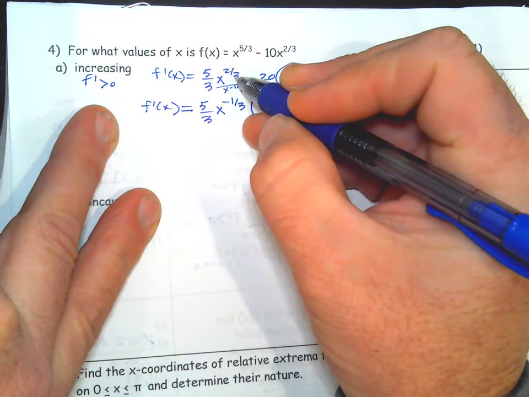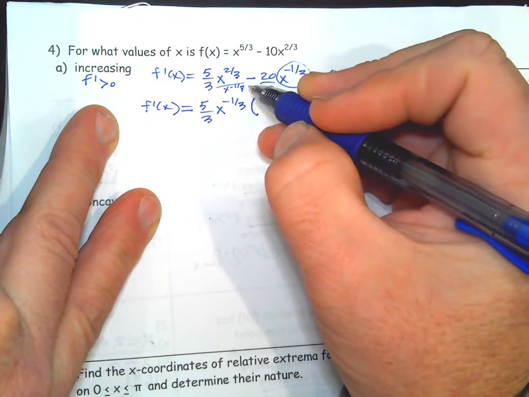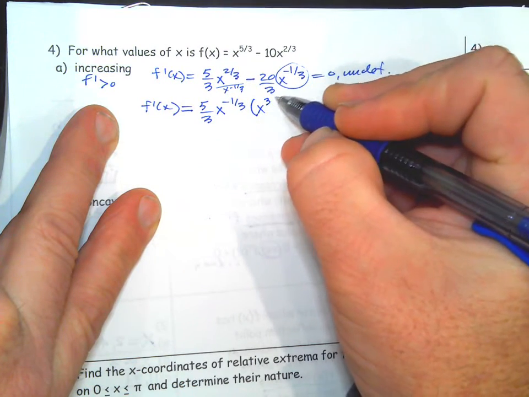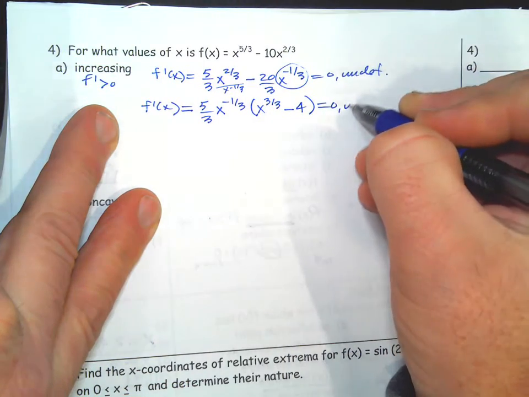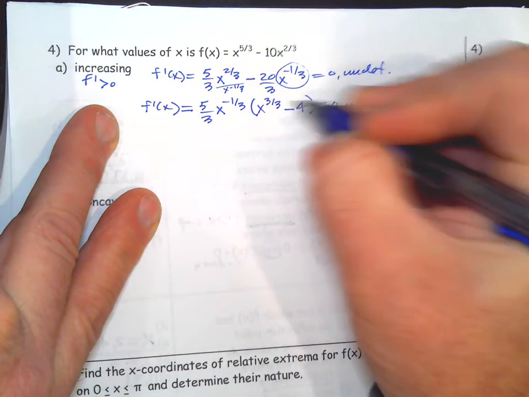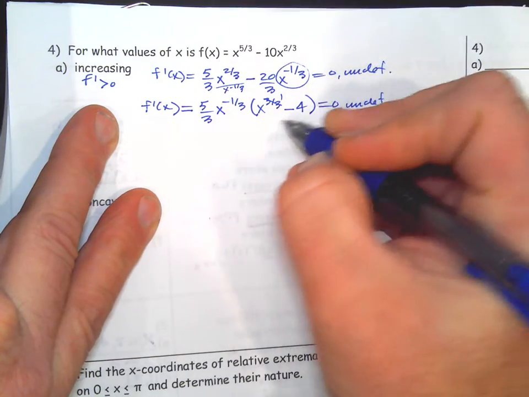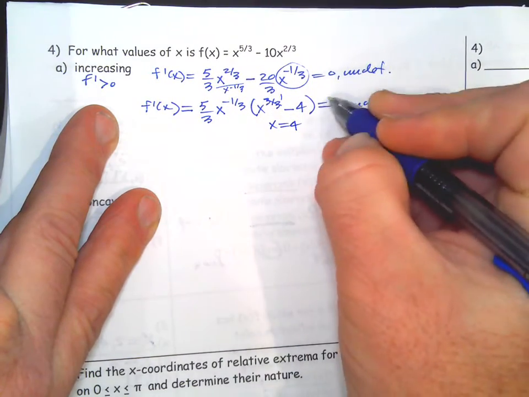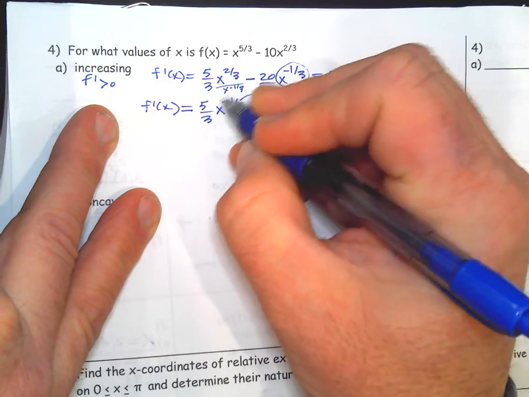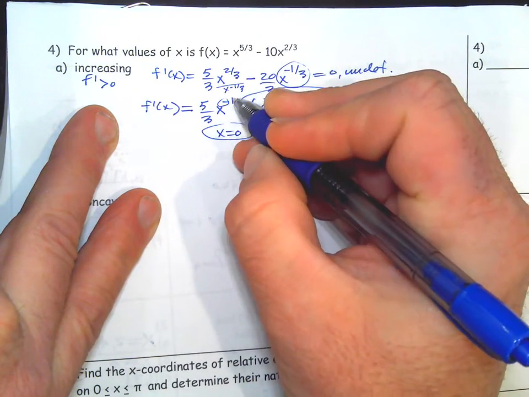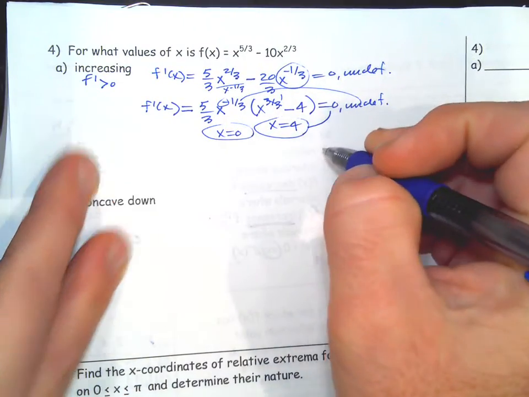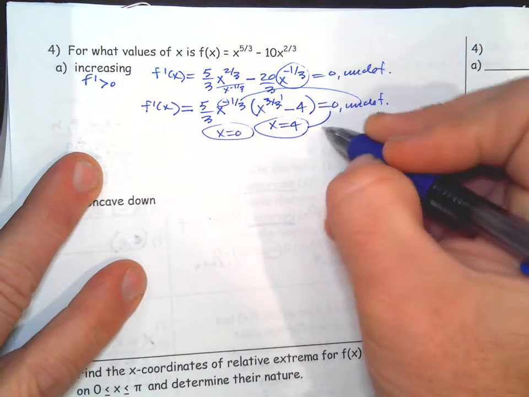It's going to be x to 2/3 minus negative 1/3. It's going to be positive 3/3, which is just 1, right? So x equals 4 is the 0. Undefined comes from this guy, x equals 0. If there was an even number in the numerator, that's a repeated root. So these are our critical points.